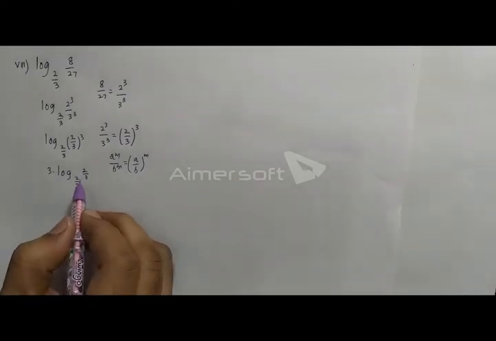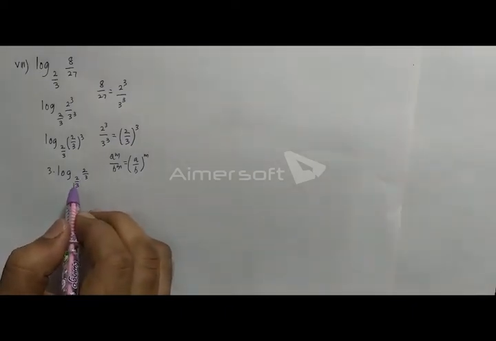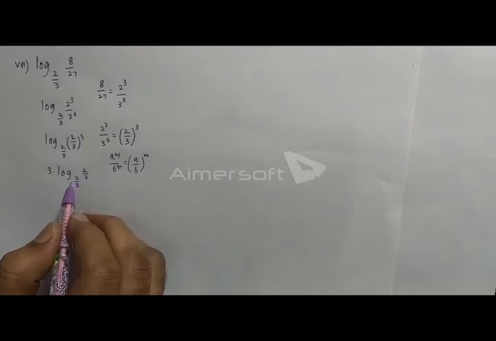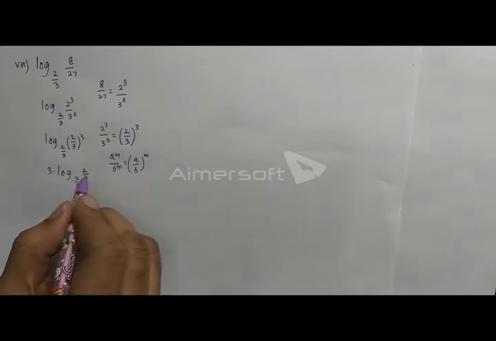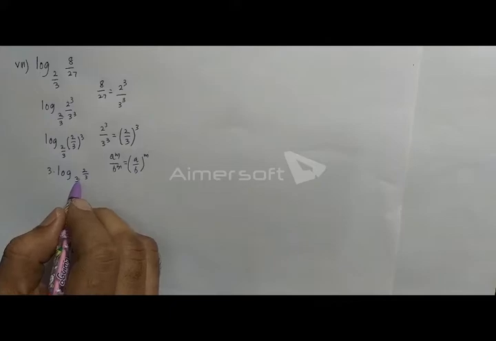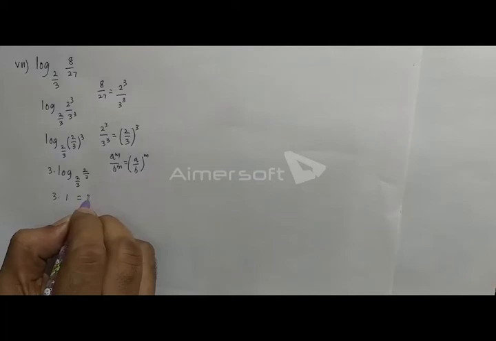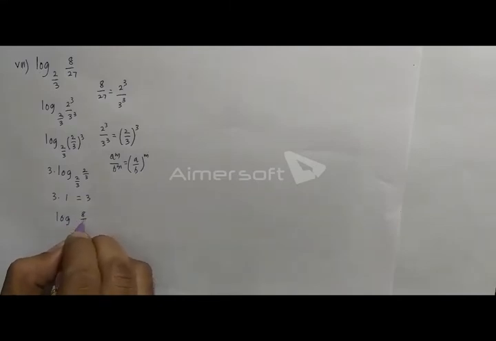Now the number and the base is equal. So as per the formula, log a base a is equal to 1. We have to write 3 into 1 is equal to 3. So the answer is 3. Log 8 by 27 base 2 by 3 is equal to 3. This is the answer.